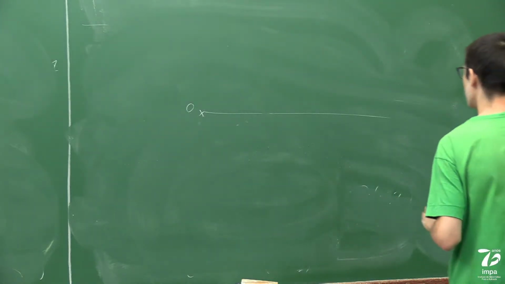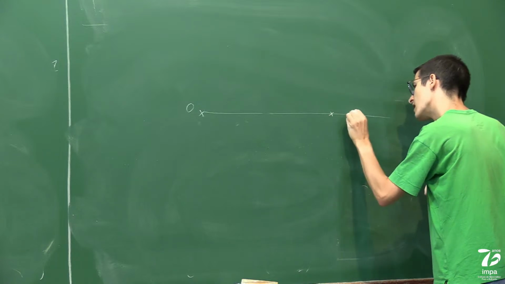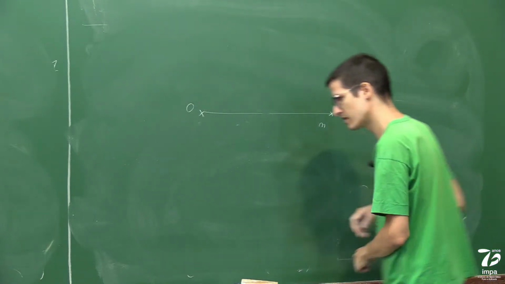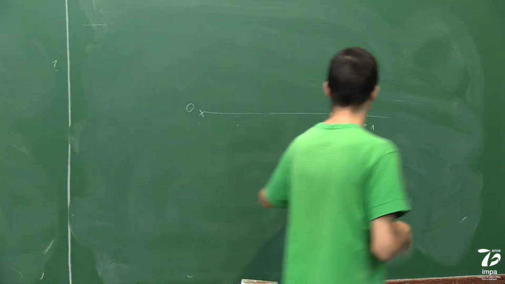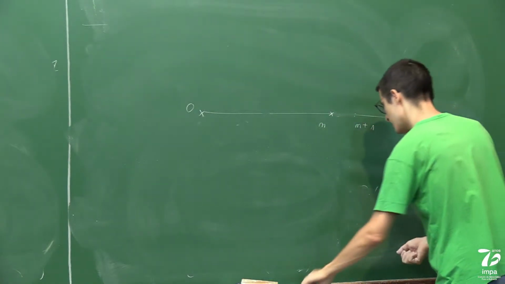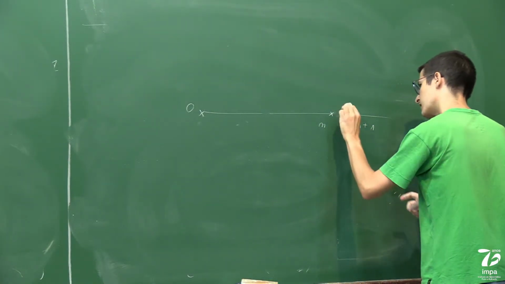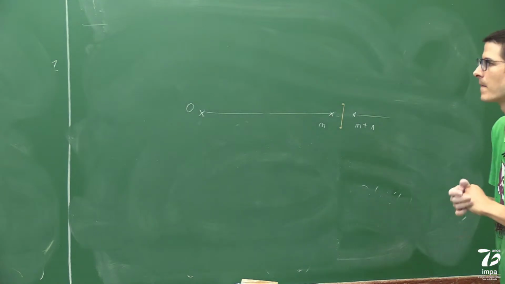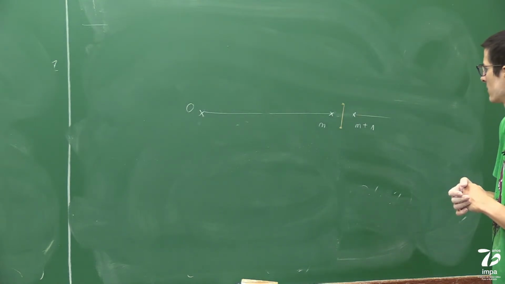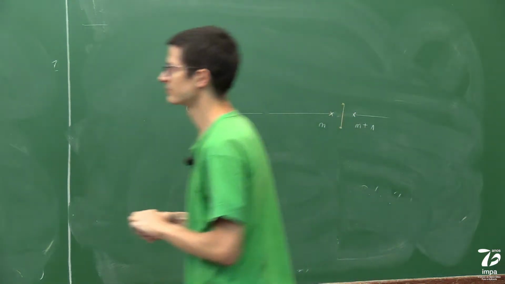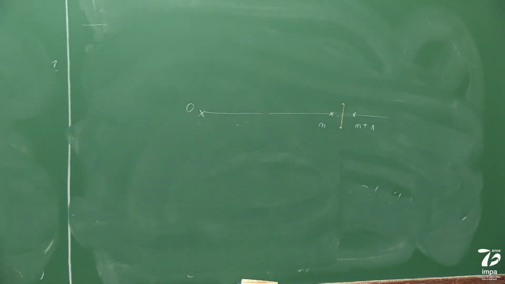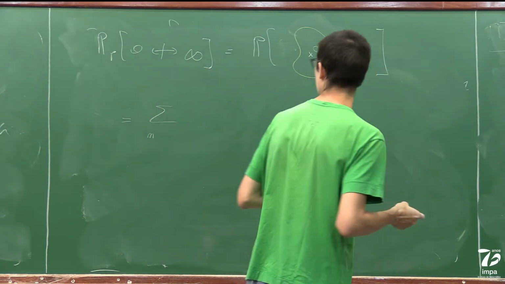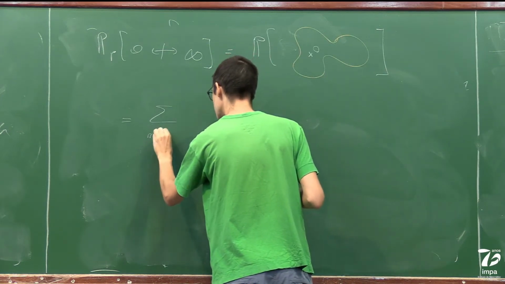So in particular, there is an edge in the form n plus 1 which is crossed by this circuit. So this is n larger than 0.